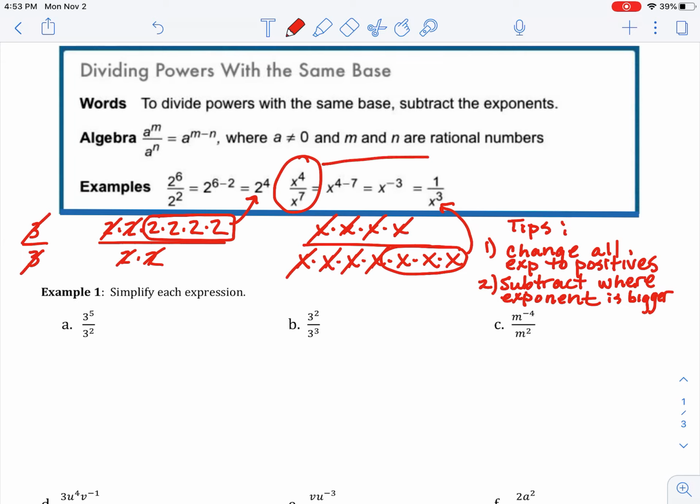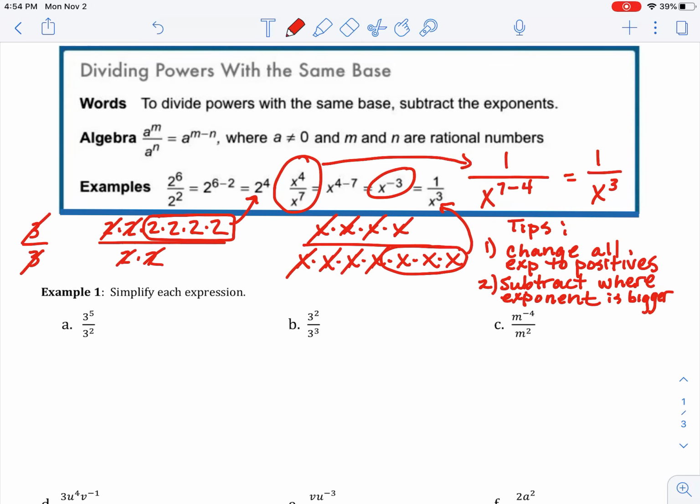If it were me doing this problem, I would have told you to leave the x to the 7th at the bottom and subtract the 4 down there because 7 is bigger than 4. That would have left you with x to the 3rd at the bottom, and again, we don't leave empty numerators, we put a 1 up there. So that's how I would have done it. I never would have made the exponent of 3 negative and then moved it. I would have just subtracted down in the denominator at the beginning of the problem.